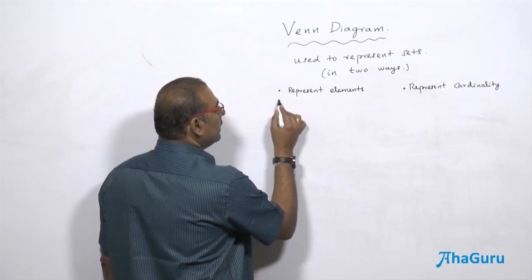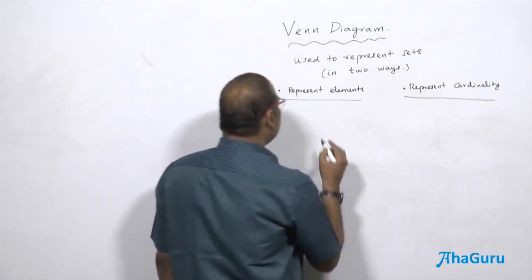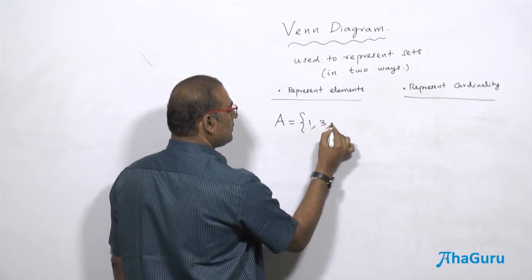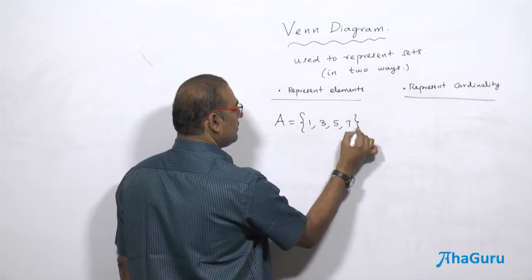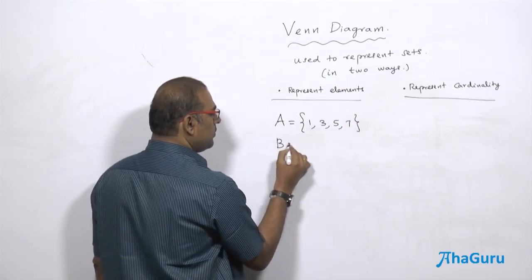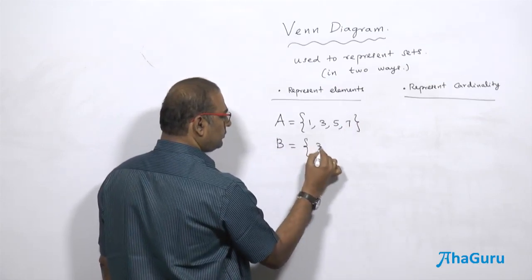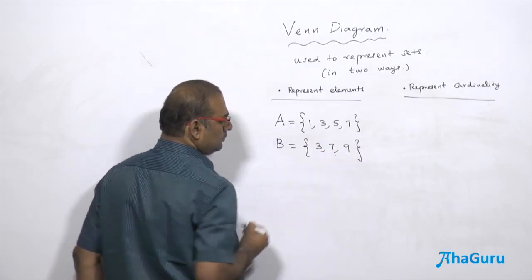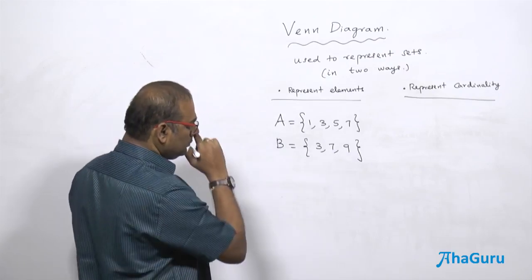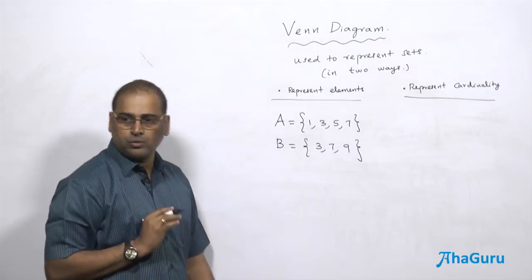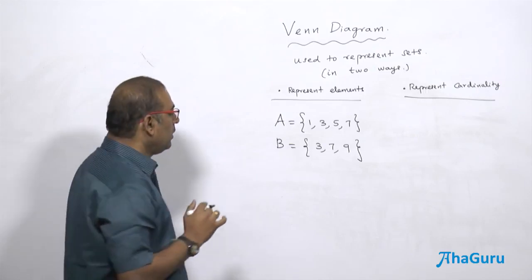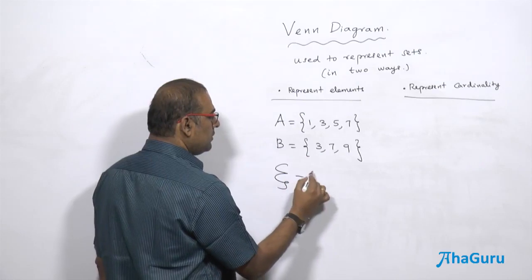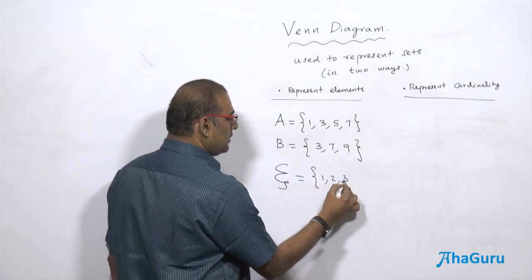Right? Suppose A equals, then B equals, the two sets, and I can have epsilon, the universal set, something like this.